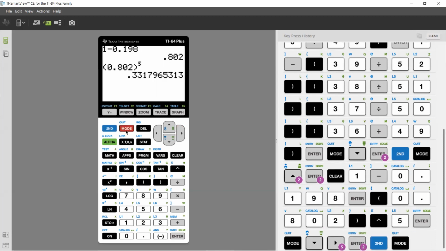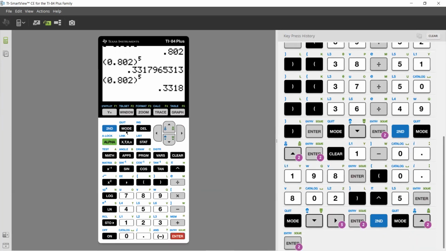Then I'm going to get 0.3318 as my answer there, because the 9 behind the 7 makes the 7 an 8. Okay. Questions about part A? I got 0.332. If you round it to 3 decimals, you're going to get 0.332. If you round it to 4, you're going to get 0.3318.